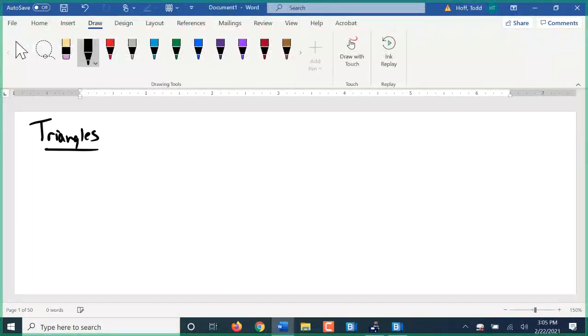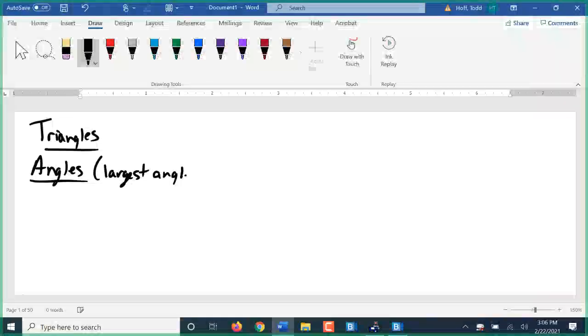Let's talk about classifying triangles. There's two ways to really refer to a triangle. We can refer to them by their angles, in which case we go by the largest angle, or we can refer to them by their sides.